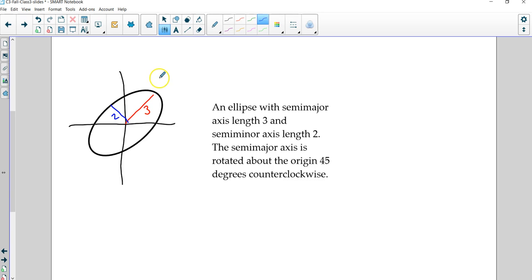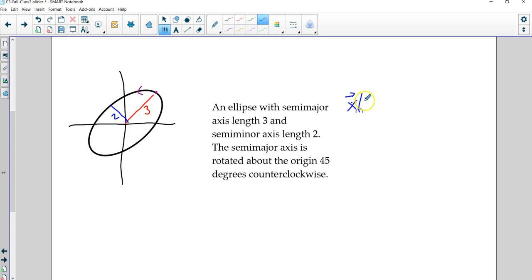And there isn't anything mentioned about where it starts its parameterization, or the direction it progresses from there, but I'll just assume that it progresses from that same place that we did on the previous one. All right. Then for the parameterization, it should look roughly the same as what we had before.